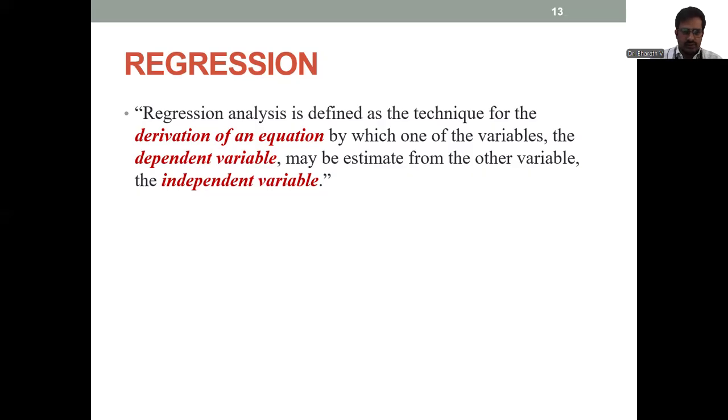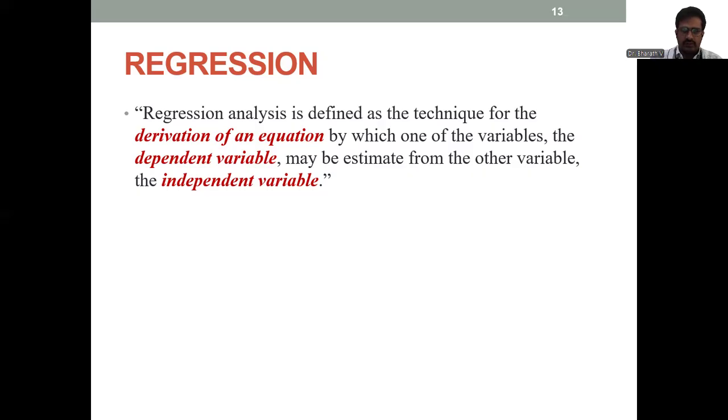In correlation analysis, the correlation tells you the relationship: whether it is a positive relationship, a negative relationship, or no relationship. But in regression analysis, we ask what is the impact of the independent variable on the dependent variable.